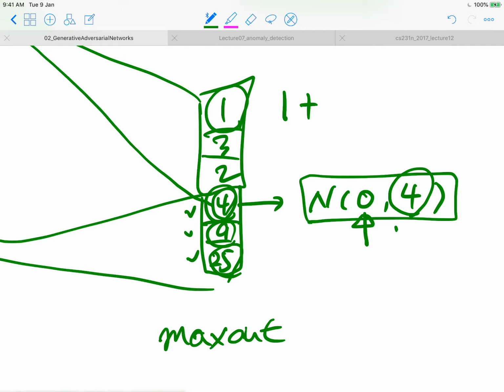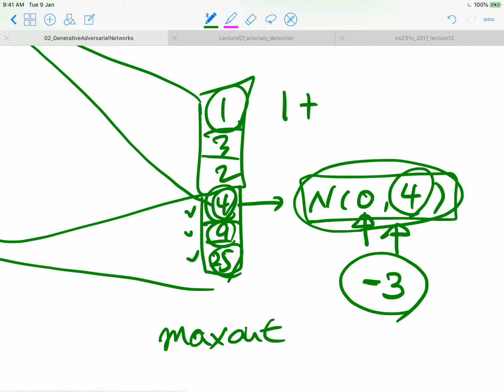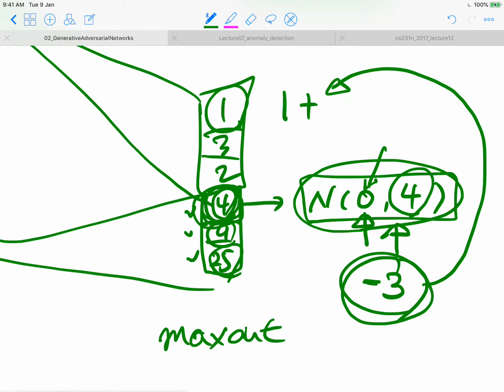Suppose we generated a random sample of 3 or maybe negative 3. We generated this random sample from the Gaussian distribution that has zero mean, but the variance specified by this value. Then we add it to the first activation map, so this value will be converted into -2.